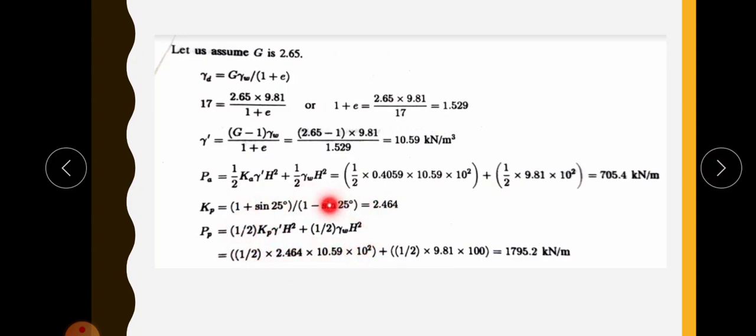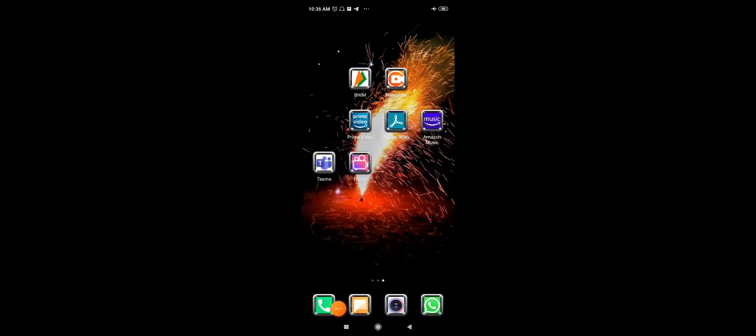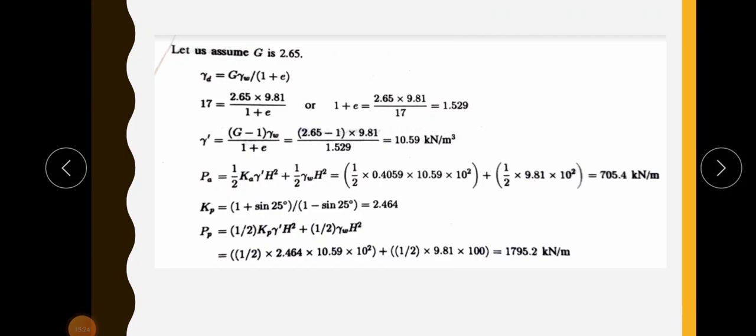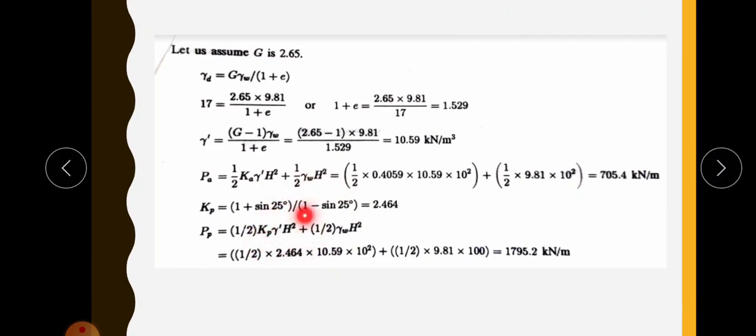First you write down the equation using the pressure distribution diagram, that is half into Kp gamma dash h square plus half into unit weight of water into h square. So this is Pp, the passive earth pressure, that is 1795.2 kilonewton per meter.